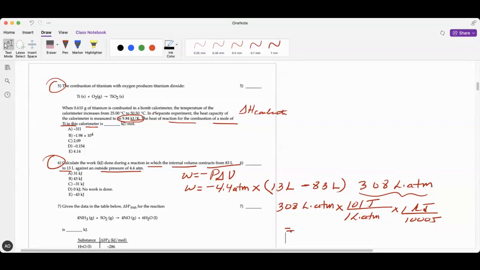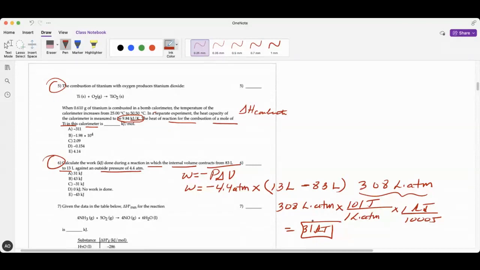And we put this in the calculator. That'd be 308 times 101 divided by 1,000. And I get 31 kilojoules.